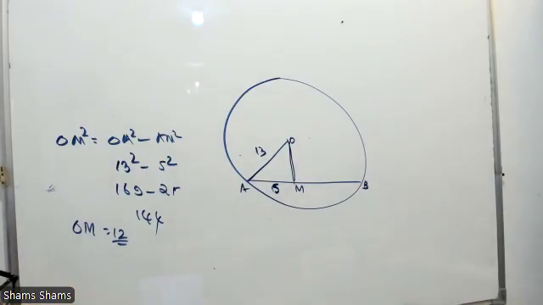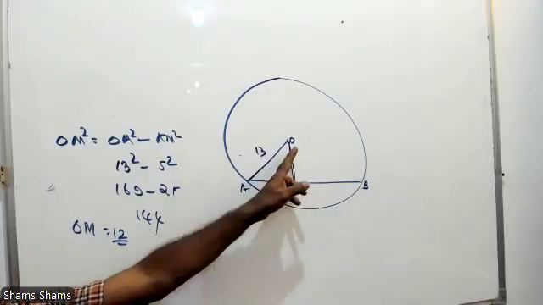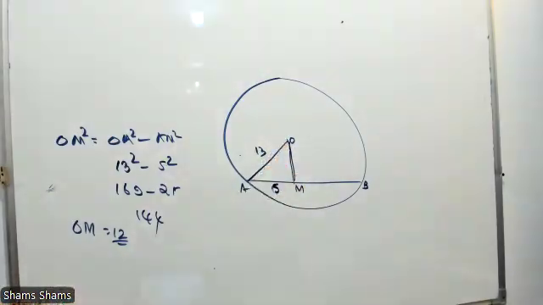It's not a proof, no, that's right. In the triangle, draw OM perpendicular to AB. Then in the triangle, mark it 13, 5.